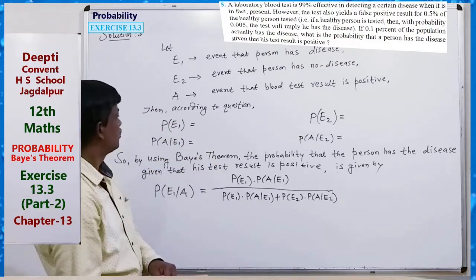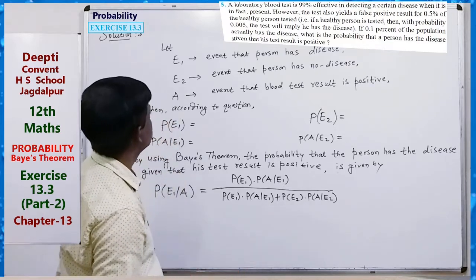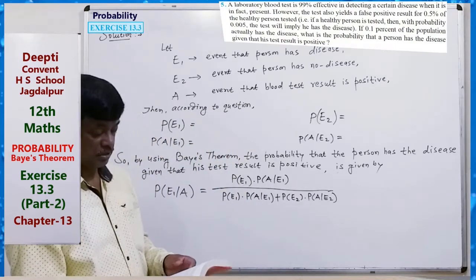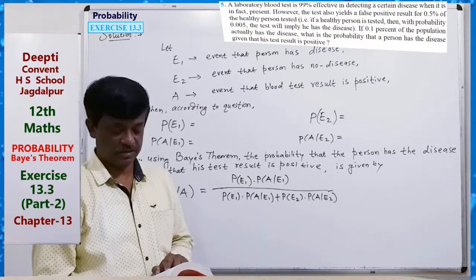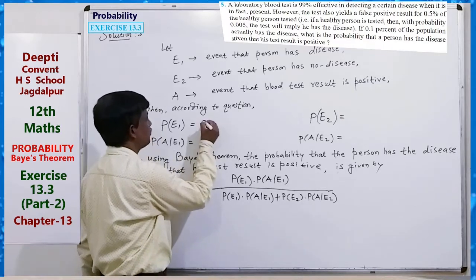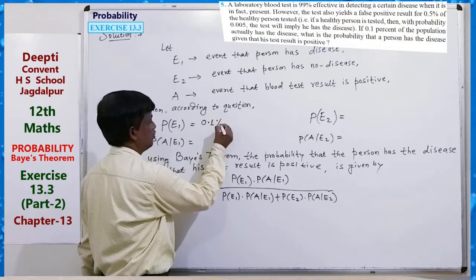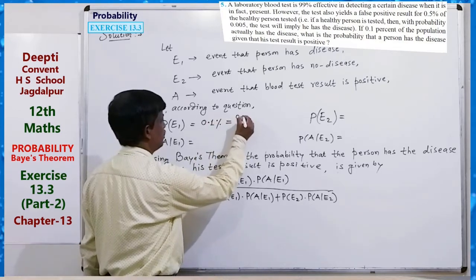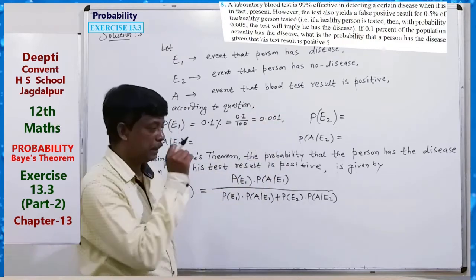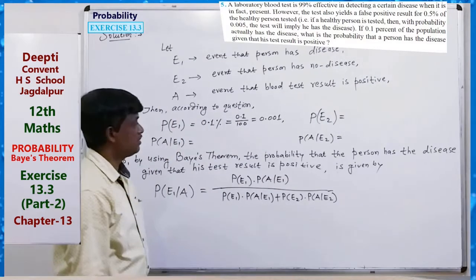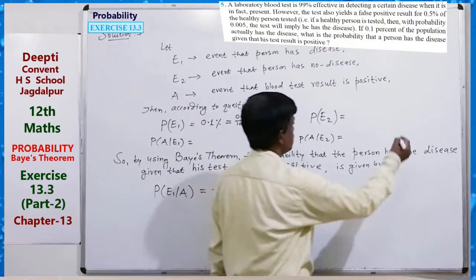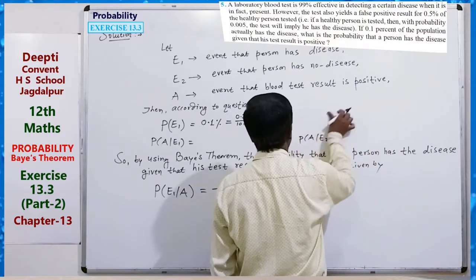Now find the values from the question. P(E1), person has disease: it is 0.1% of the population actually has the disease, not the 99% effective test. So 0.1%, that is 0.1 upon 100, that is 0.001. Here, has disease and has no disease are complementary events.